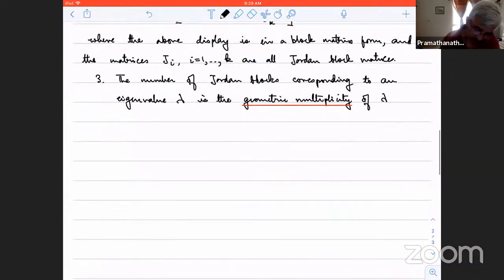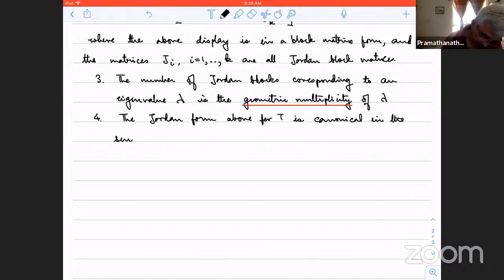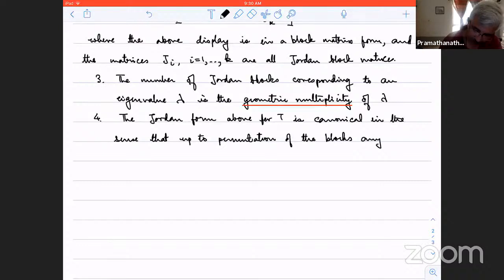Four: the Jordan form above for T is canonical in the sense that, up to permutation of the blocks, any two Jordan forms for T are the same.